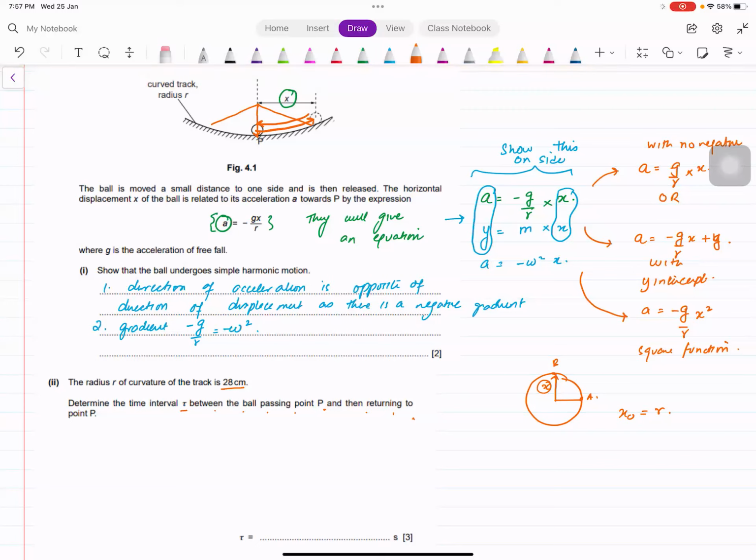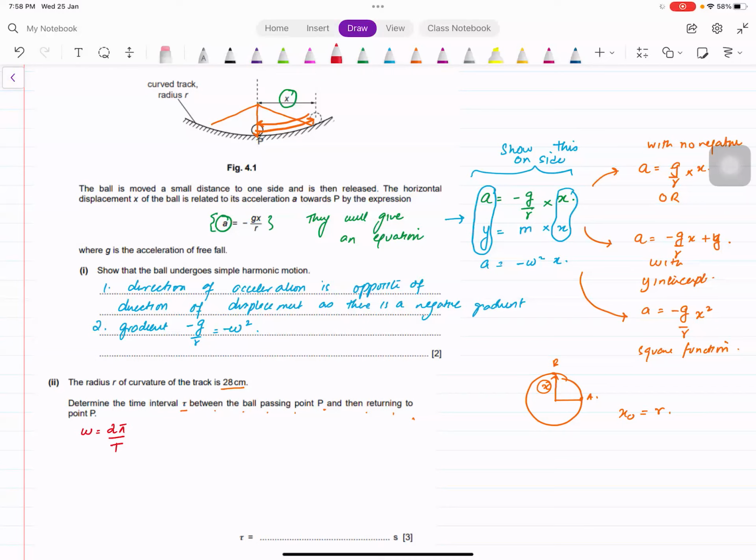Keeping that in mind, we need to think about how to justify that it gives us the time period. One of the things I know is that for one whole oscillation, omega is going to help us, because we have this equation.